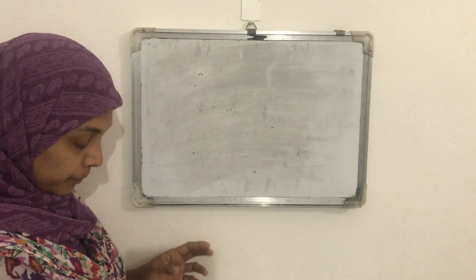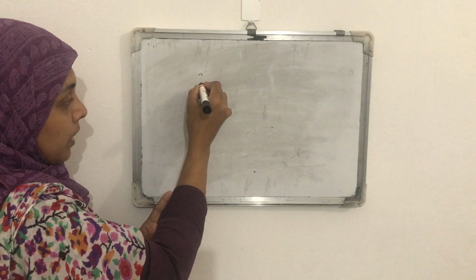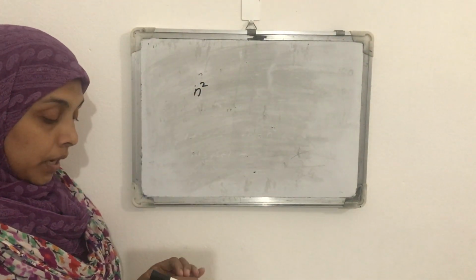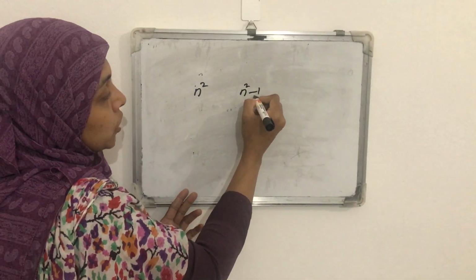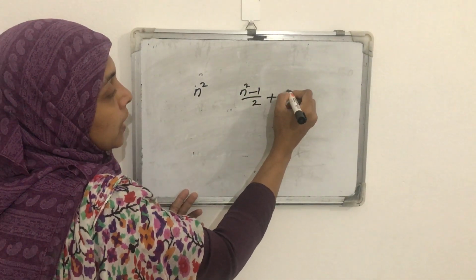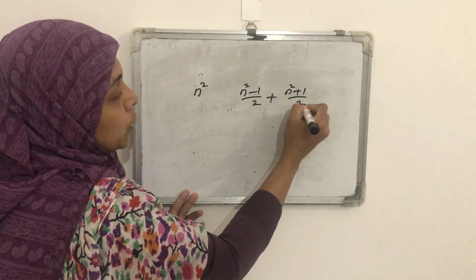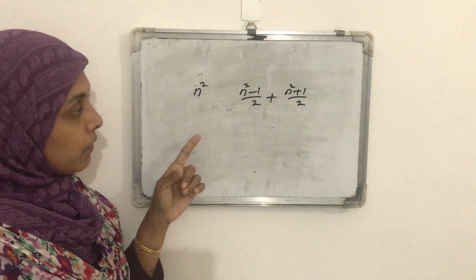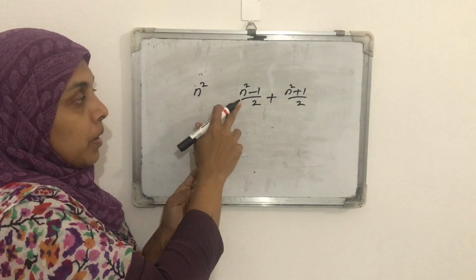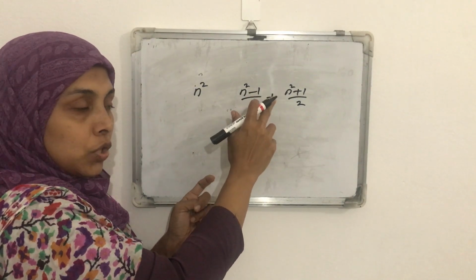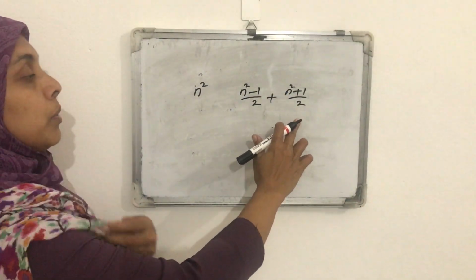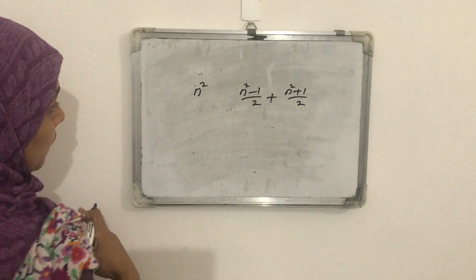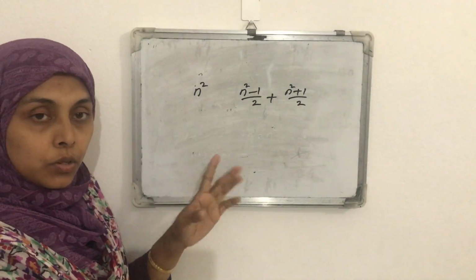If n is an odd number, then n square can be expressed as n square minus 1 by 2 plus n square plus 1 by 2. With the given number, we take its square, subtract 1 and divide by 2. For the other number, add 1 and then divide by 2. The sum of those two numbers gives n square.